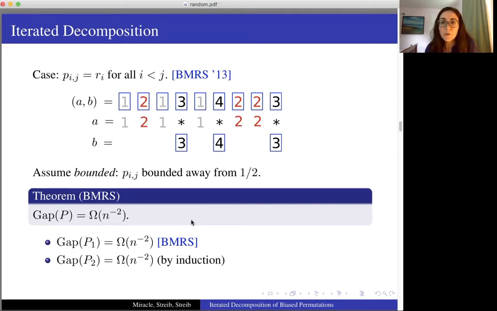Okay, so you may notice that this 1 over n squared bound is better than the 1 over n cubed gap in the uniform bias case. And this is because we've assumed that the P_ij's are bounded away from a half. So it's actually faster than it is in the uniform setting because the elements within a class are not swapping, remember, because we kept those in a fixed order.